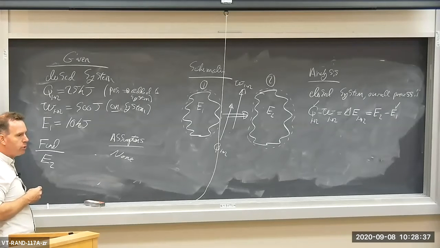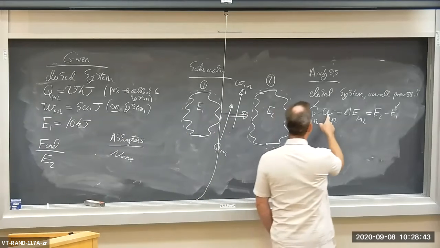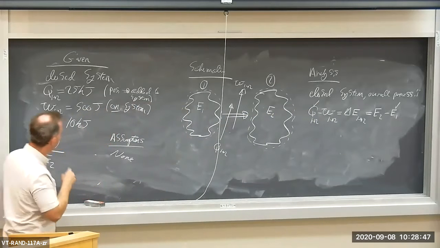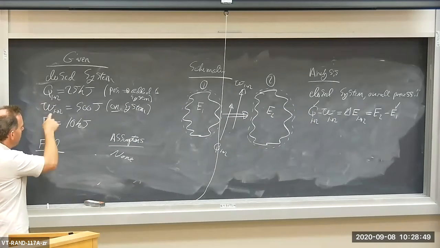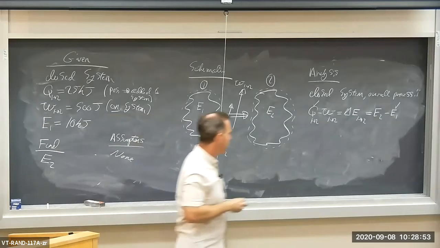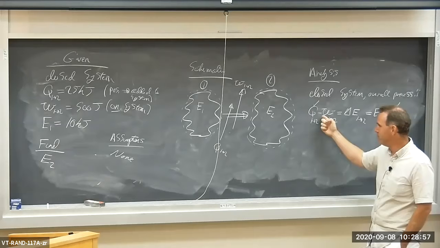Now, work is supposed to be by the system in the energy balance there. So this is by the system, and this is on the system. So when I plug in the numerical value for work, I need to put a negative sign in front of this because the energy balance says this is work by the system.